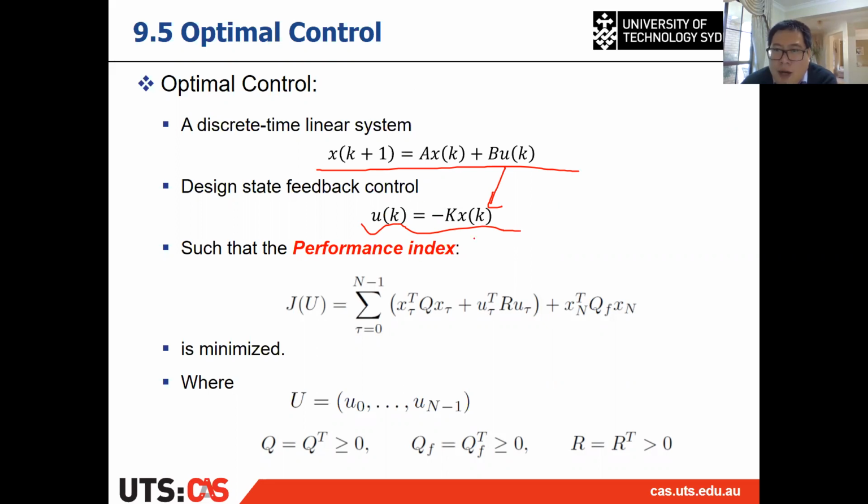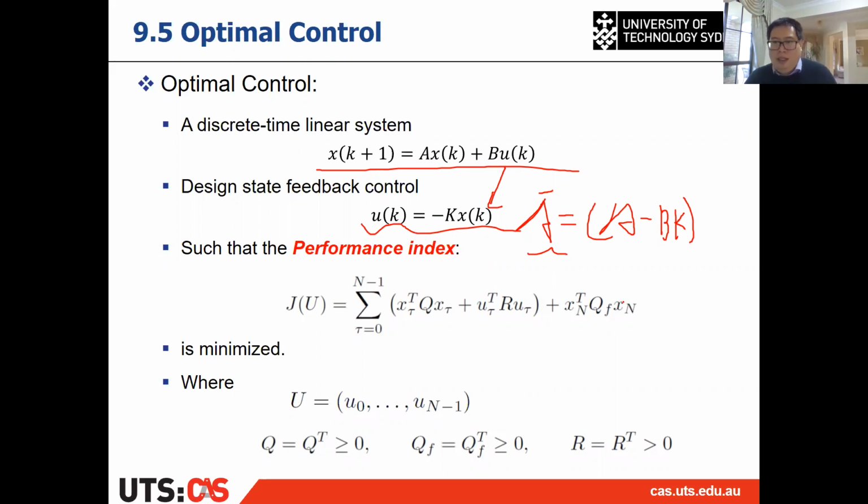And then you have a new system, x_{k+1} equals (A minus BK) x_k. And you call the new A, which is equal to A minus BK. And if we make this new A stable, then the system is stable, right?